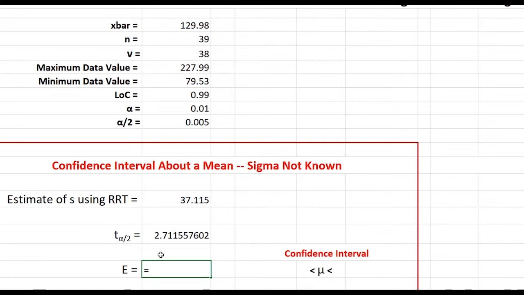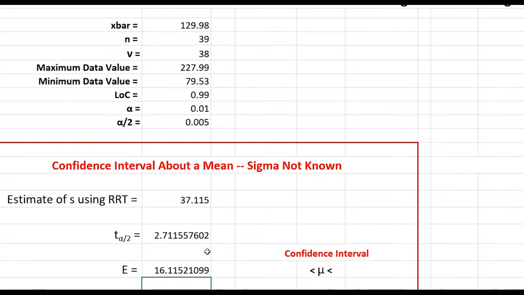Equals t sub alpha over 2 times whatever approximation I have for S, and I divide it by the square root, which remember is SQRT, of n. And close my parenthesis, press enter. And that's where I got that 16.12 number.